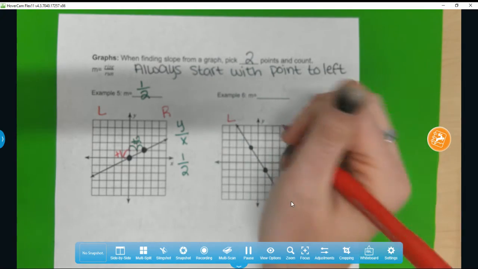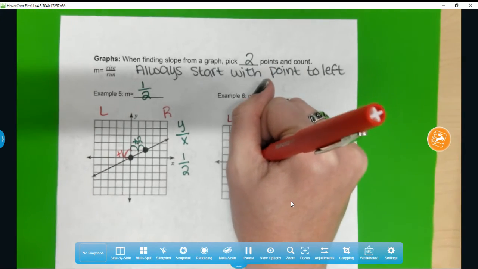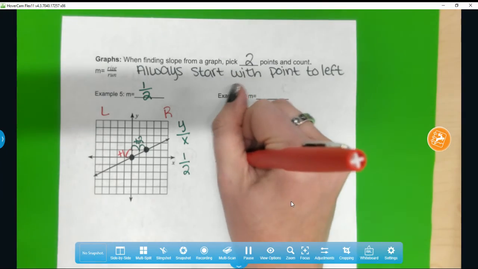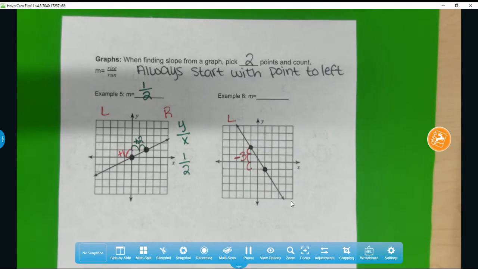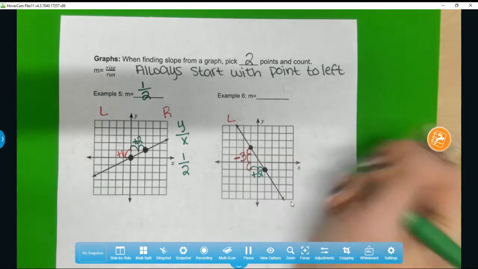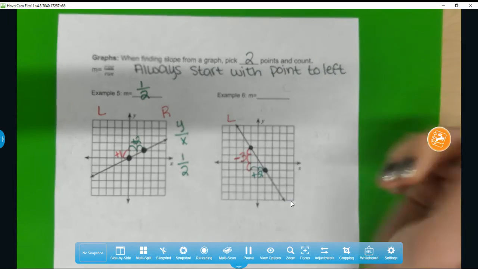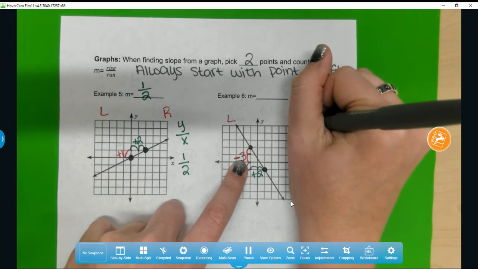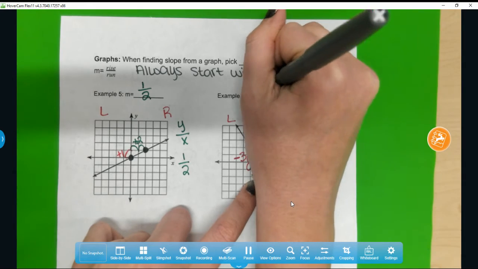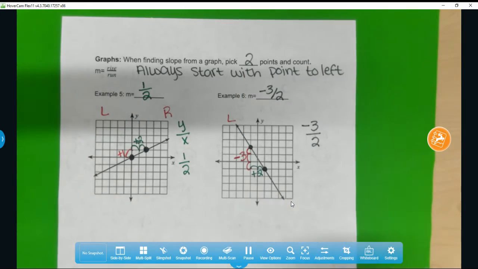So this time I'm going down 3 till I get even. So -3. And I'm going right 2, so that's still plus. So the up and down goes on top, so -3 over 2. So my slope is -3 over 2.